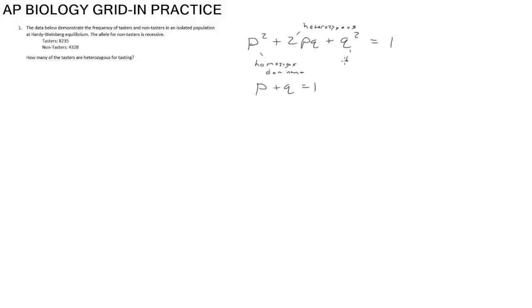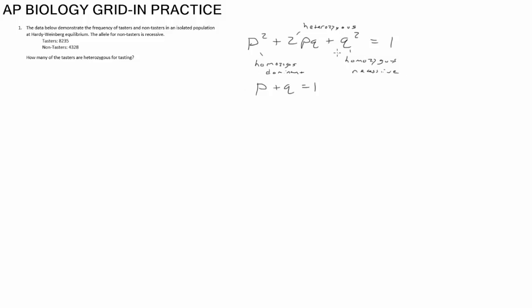And q squared is homozygous recessive. And these different values are actually the fraction of that population. So you're going to be getting something between 0 and 1.